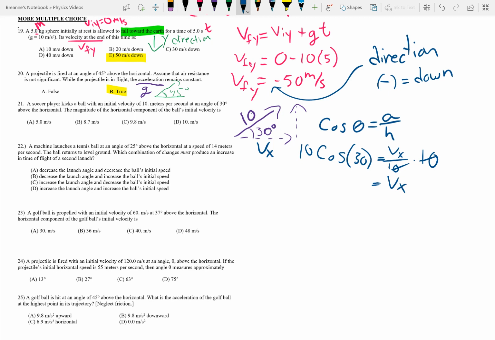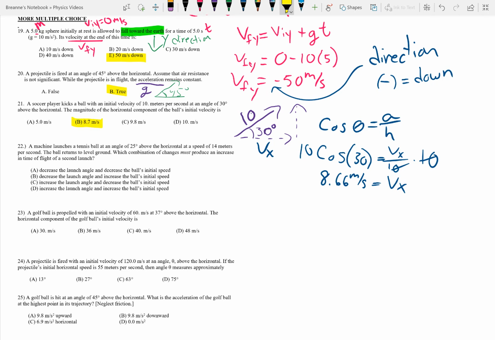That's when you pull out your handy dandy calculator and do 10 cosine of 30 degrees. Make sure you're in degrees mode. And your velocity in the x direction is 8.66 meters per second. So do we have an 8.66? Well, we had an 8.7. So, woohoo!